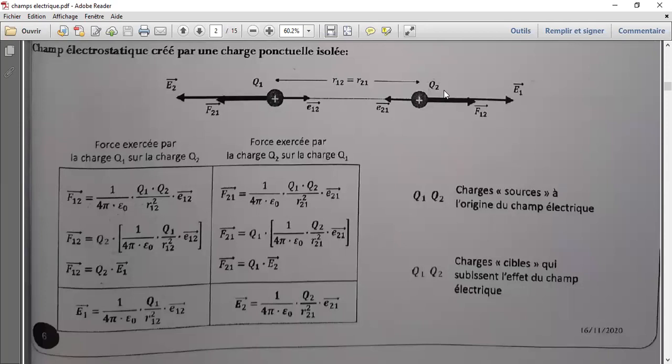That's why they've put E1, which shows that the sum is caused by Q1. E2, the sum is caused by Q2. So they're just representing where it's caused, the source. I don't know if it's clear. This is clear.